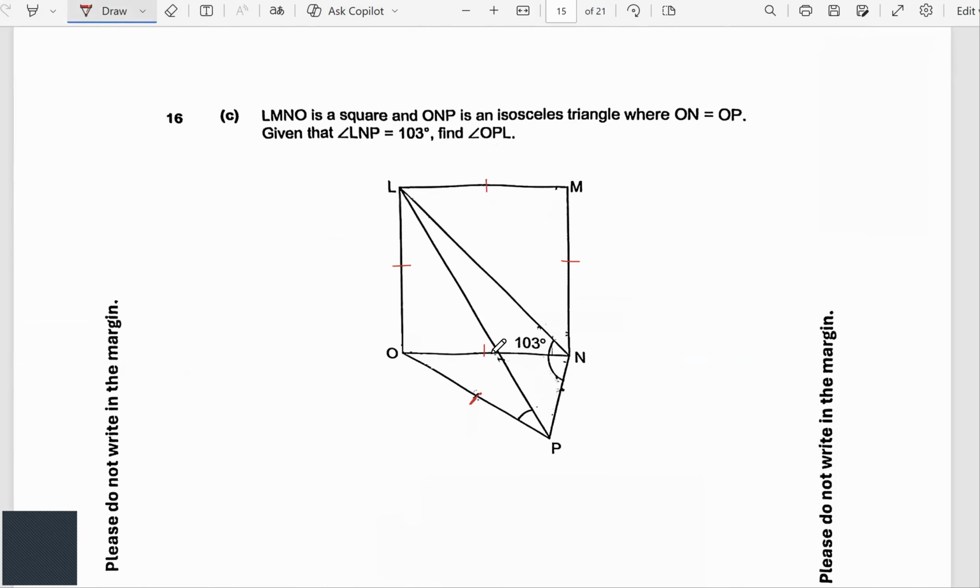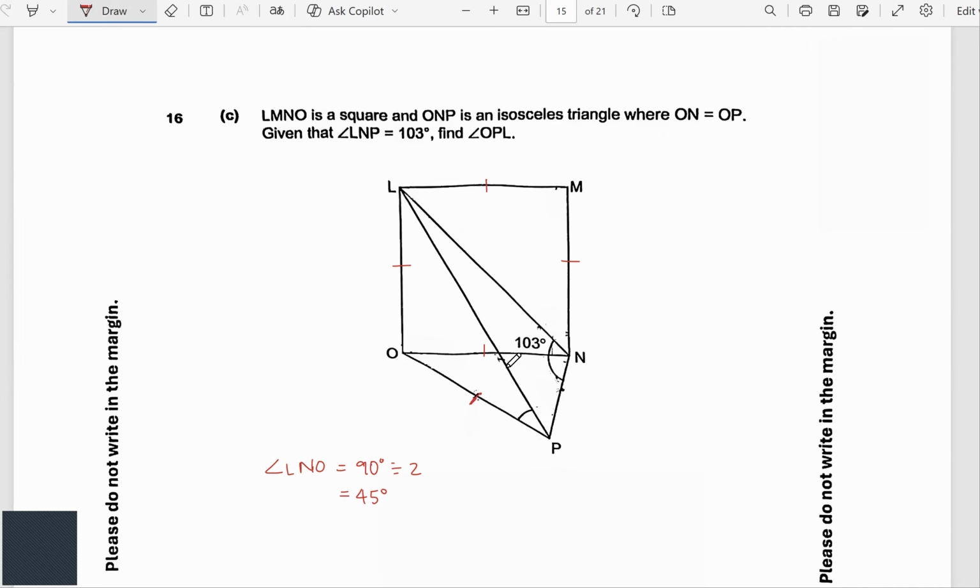You're supposed to find OPL, which is the angle as marked over here. Okay, so firstly, this is a square. We just cut a square diagonally. You cut the right angle into half. So angle LNO would be 45 degrees.